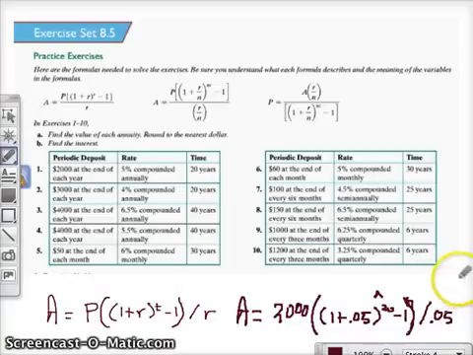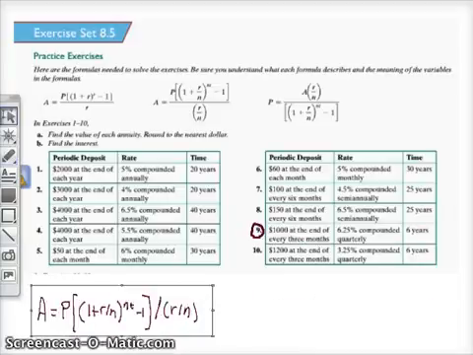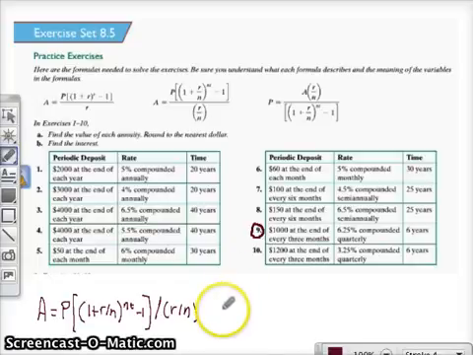Let's notice here on question number 9. It says $1,000 at the end of every 3 months, 6.25% compounded quarterly, 6 years. So how would I set that up? Well, that's a good question. You're trying to find A, and it's $1,000.